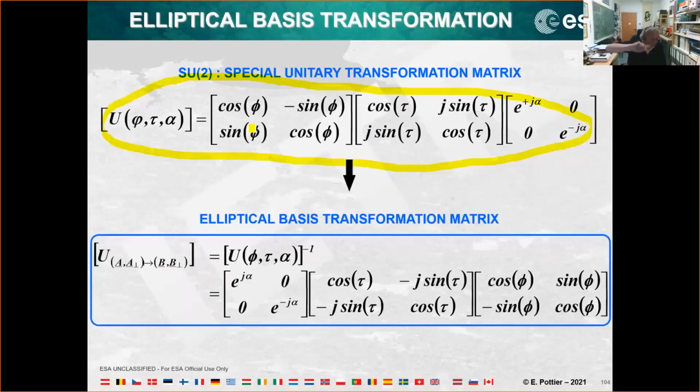So on board, 95% of the antennas are horizontal and vertical polarization only, and so you always receive information in the horizontal and vertical basis. But with all the matrices I have presented to you, you can reconstruct, and we shall reconstruct after, all that you want using this basis transformation.